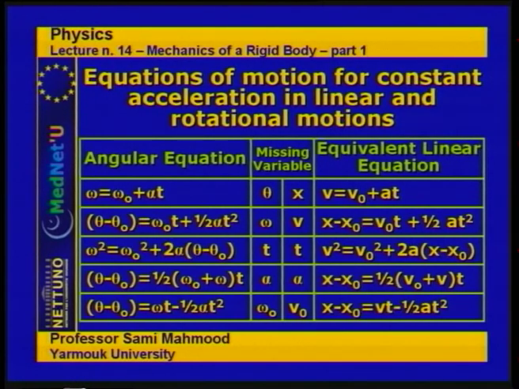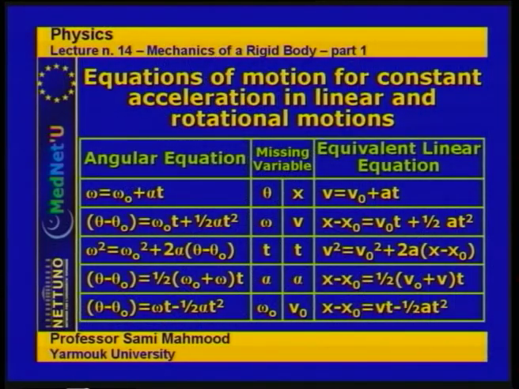To solve for each one of these 5 variables, we have to obtain 5 different equations, each one of them containing one of these variables as an unknown.